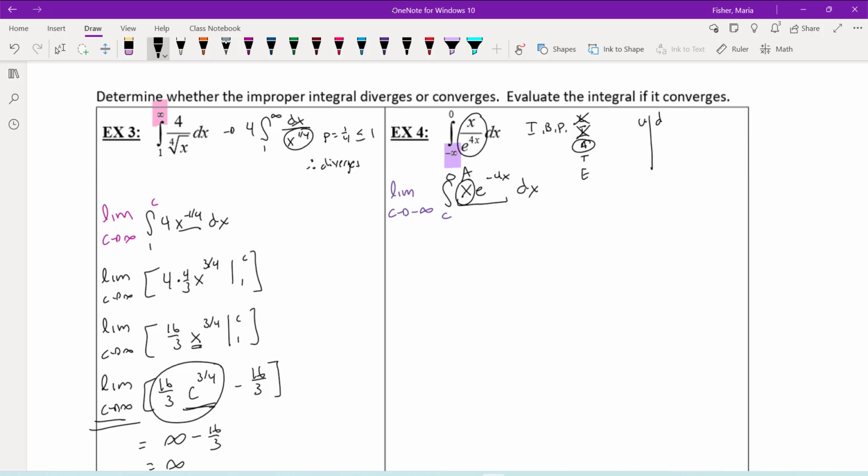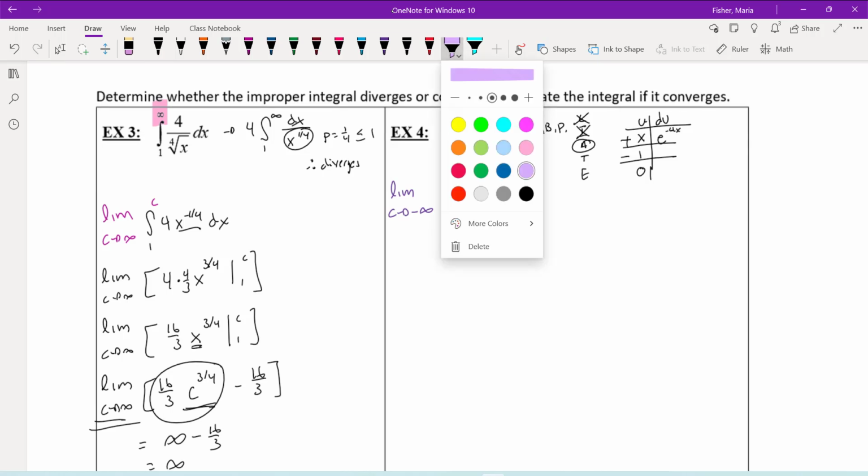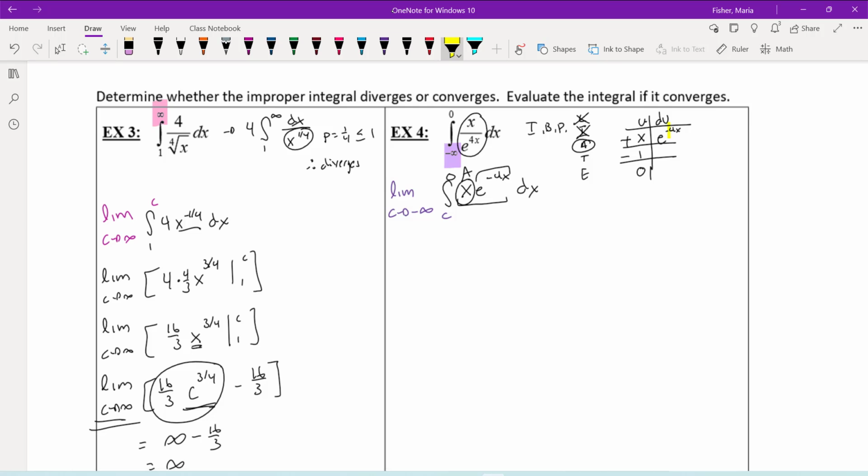Using the tabular method, u is x, I take the derivative of x is 1. Take the derivative again, the derivative of 1 is 0. And then I assign the signs, so positive, negative, and I stop because 0 is neither positive nor negative. dv is the other part of it, and that's e to the negative 4x. Remember, negative 4x is linear.